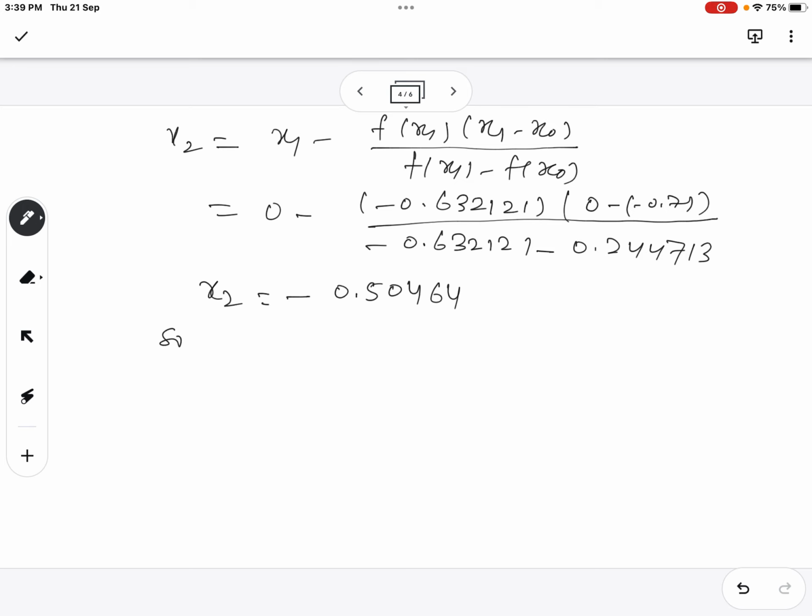So the root lies between minus 0.50464 and minus 0.7, and this way we can find x3 and so on.